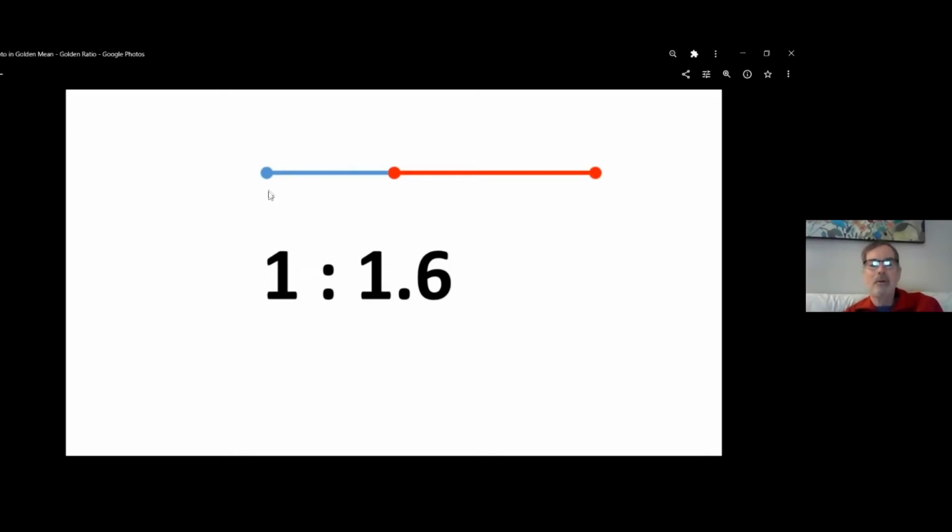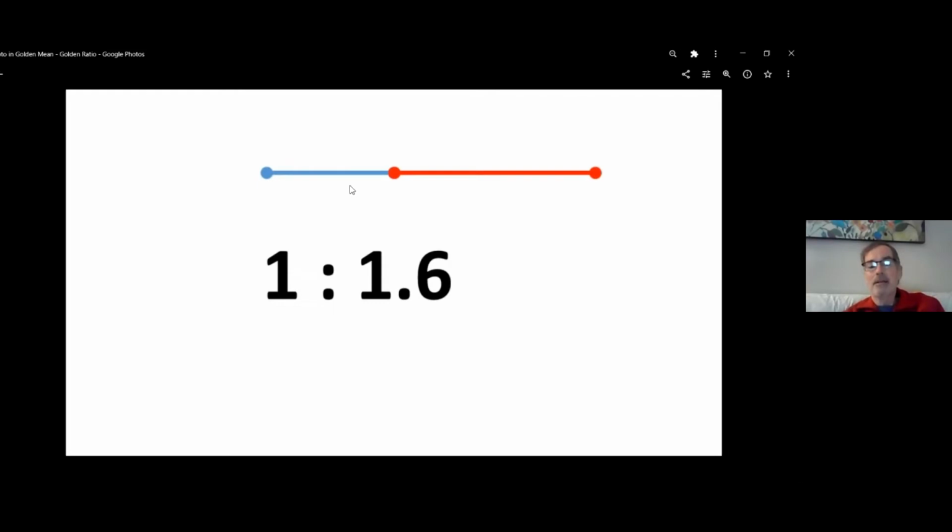So if you put this ratio into a line, what we see here is the blue is our 1, and the next segment is 1.6. So we're putting them end to end. The significant thing about this, you can take this a step farther and it goes on for infinity, and that is, in addition, there is another ratio here the same, and that is the red line compared to the entire line is also 1 to 1.6.